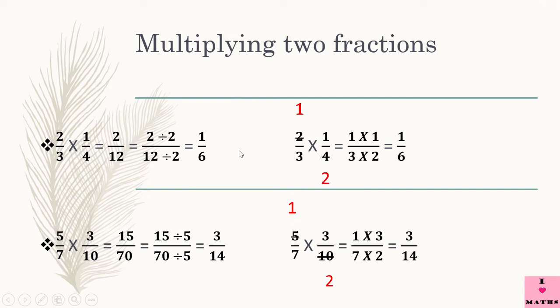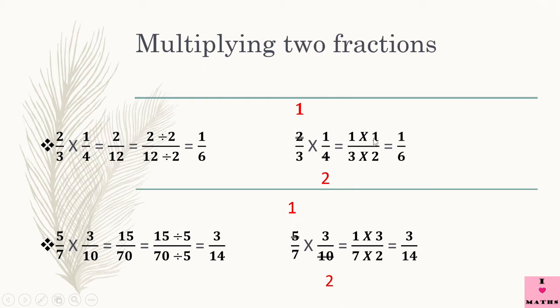What I have done? Instead of simplifying the final fraction the way I have done here, I am simplifying this numerator and this denominator. So I am dividing this by 2. 2 divided by 2 is 1 and 4 divided by 2 is 2.